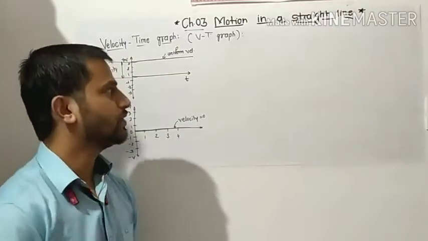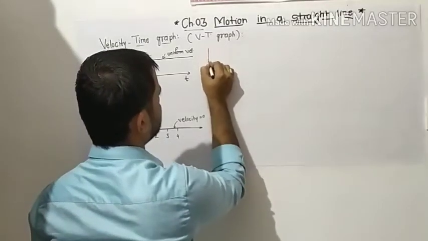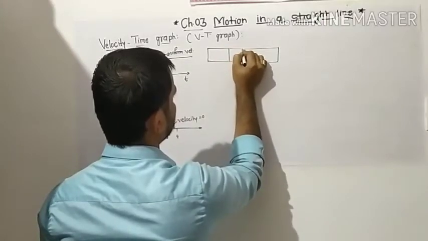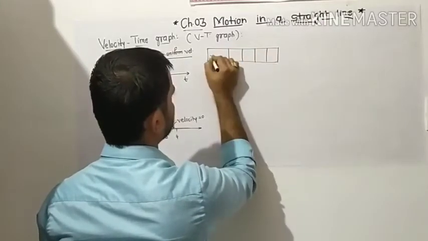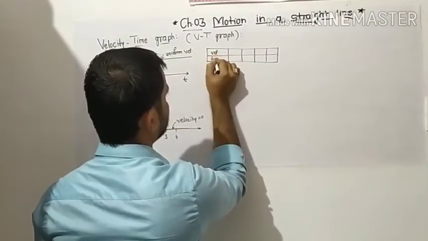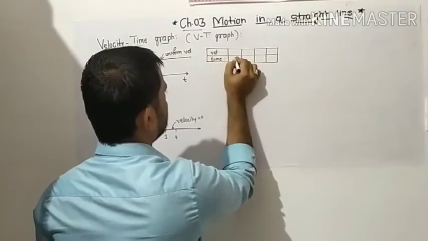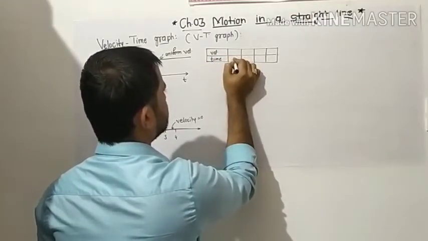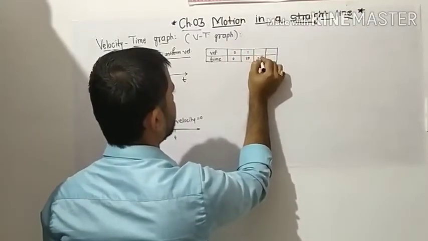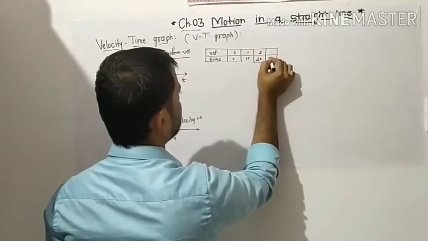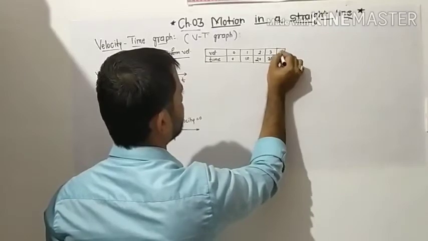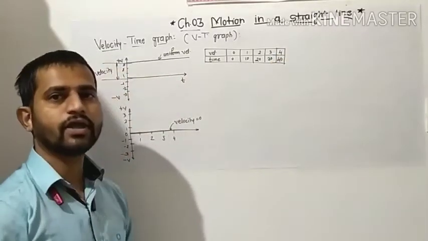Velocity and time: at 0 it is 0, for time 10 it is 1, for 20 it is 2, for 30 it is 3, and one more, for 40 it is 4.